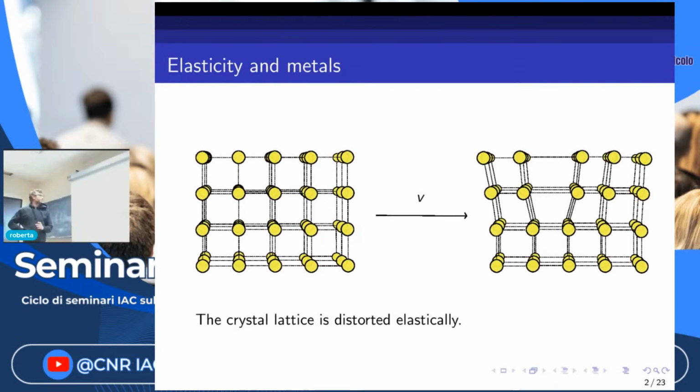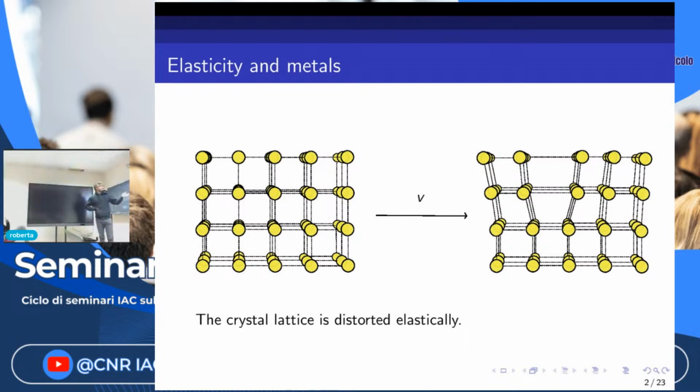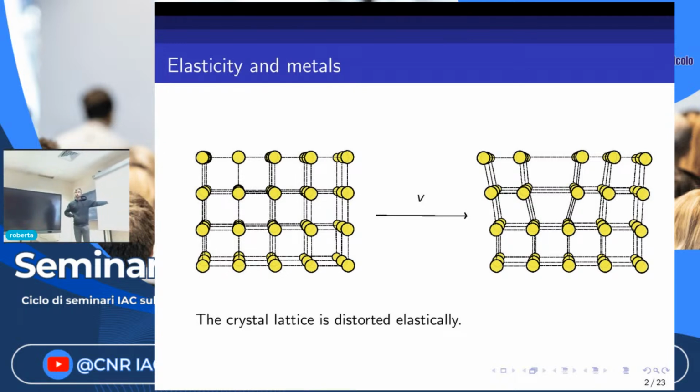The picture I have in mind when I talk about elastic deformations is in the context of crystals, such as metals, whose atomic structure can be schematically described by a lattice in R3, for example the cubic one, which is ideally the easiest one that one can work with.